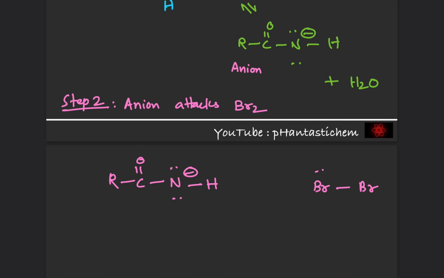This nitrogen can, using its lone pairs, attack one of the bromines, and the other bromine can take the electron pair and go out to form a bromide ion. Using arrows I can show the electron transitions like this.